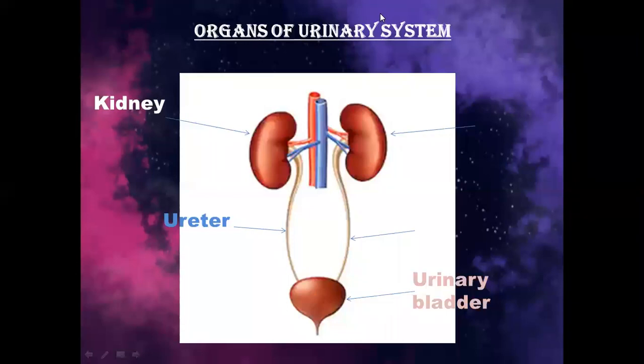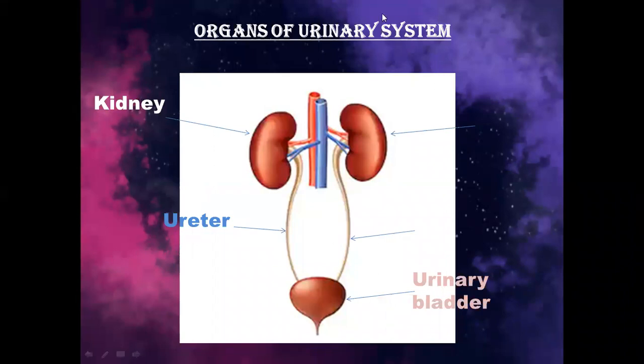And it's called the urinary system because it's used to get rid of urine, so the liquid waste is called urine. And this is called the urinary bladder. So the names of the organs again: we have two kidneys, two ureters, and one urinary bladder. Okay, let's talk about these organs.